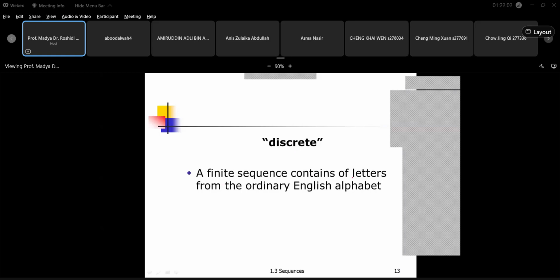A finite sequence contains letters from the ordinary English alphabet. Here the word discrete. How do we represent the word discrete in discrete structures? We need to represent from here. This is one word, and in computer or in discrete, we represent it by this symbol.